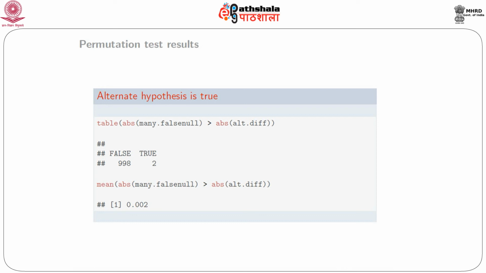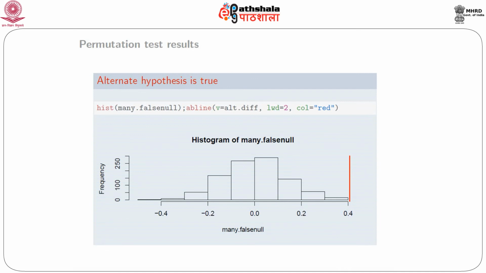So, the proportion that we compute comes out to be 0.002. That means using the permutation test, we are getting the same result as that of the t-test.